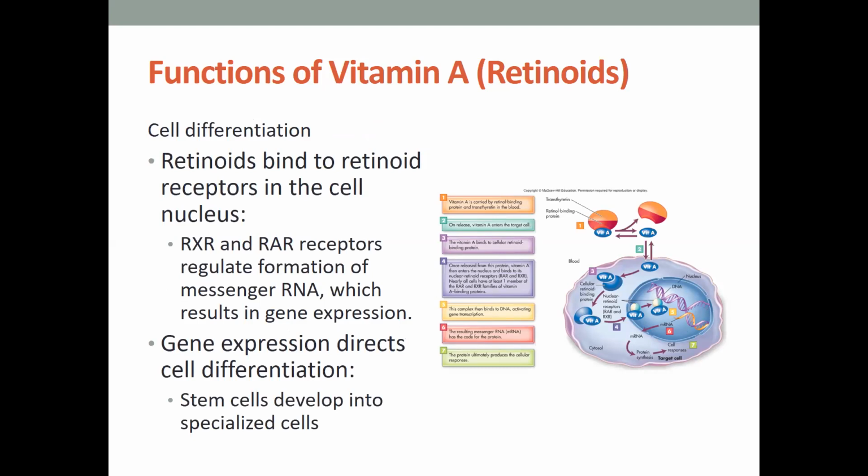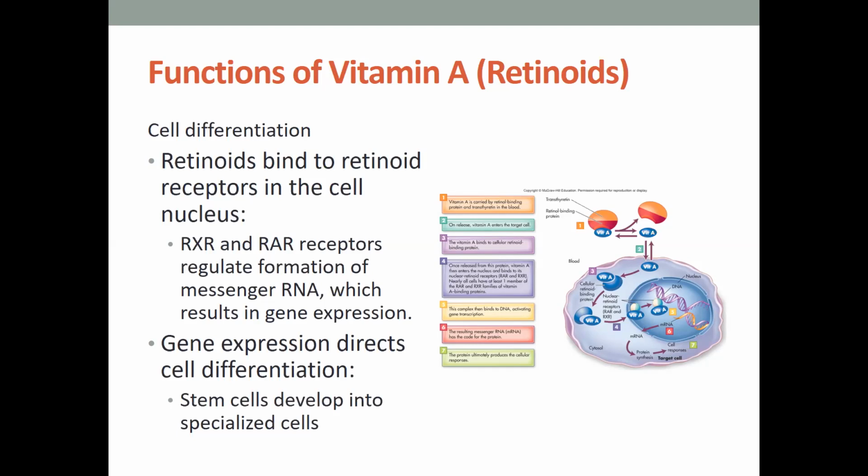If you think about it, it's kind of unusual for a vitamin to get into the nucleus and bind to DNA. These receptors help regulate the formation of messenger RNA, which we need for normal gene expression. Gene expression directs cell differentiation. What is that? I always think of differentiation as, what's the cell going to eventually evolve into?